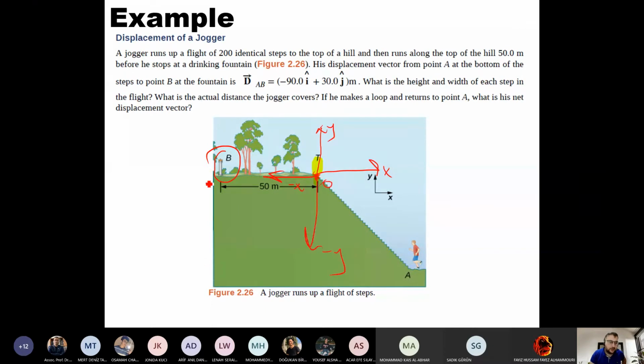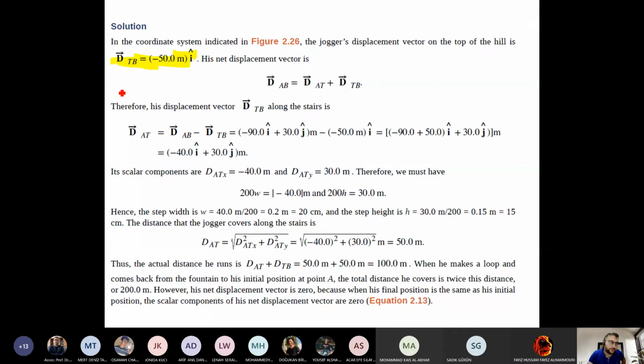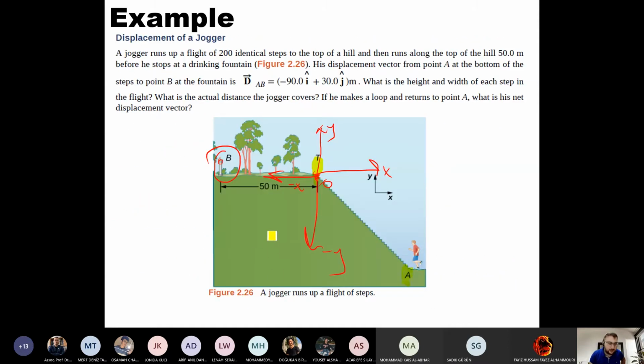If this is a 0 point, the fountain is at minus 50 meter ahead. So his net displacement vector is from AT plus his displacement from TB. What is the AT? A, T, and plus TB.